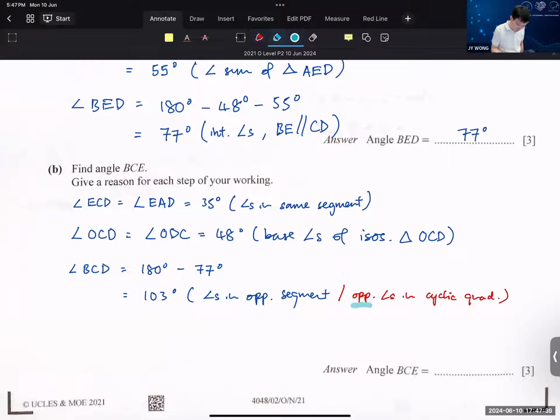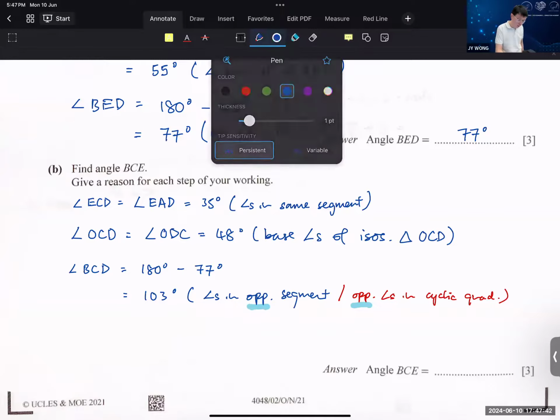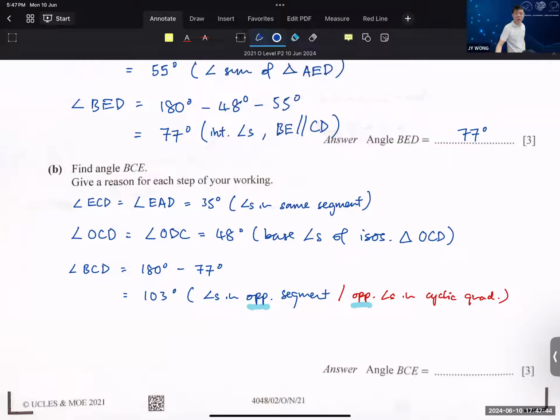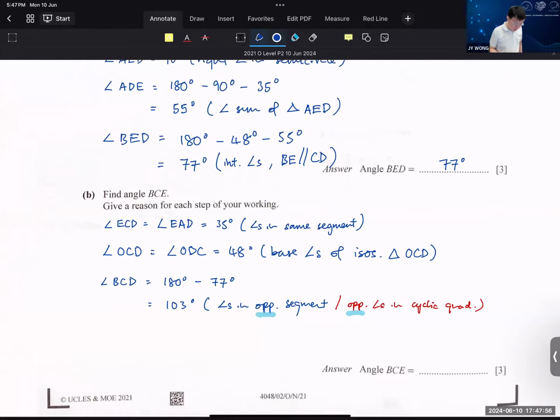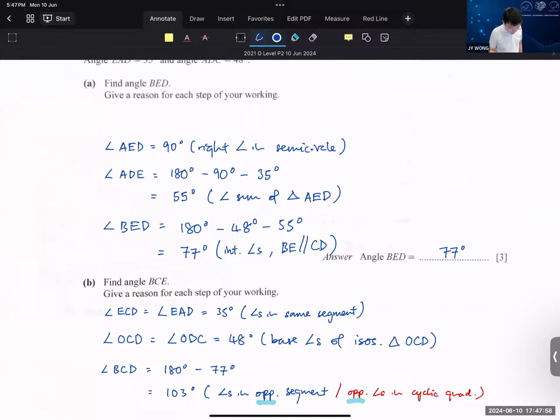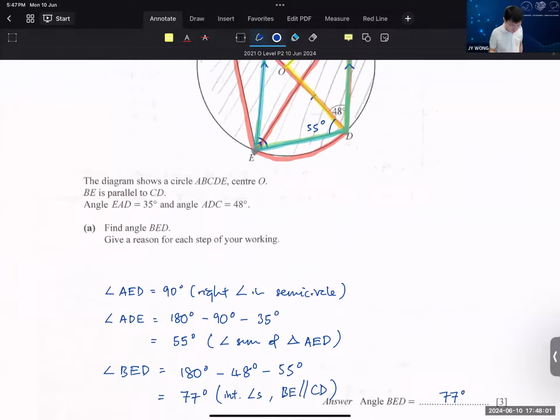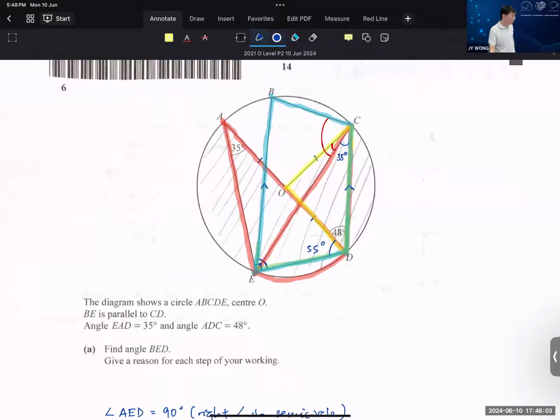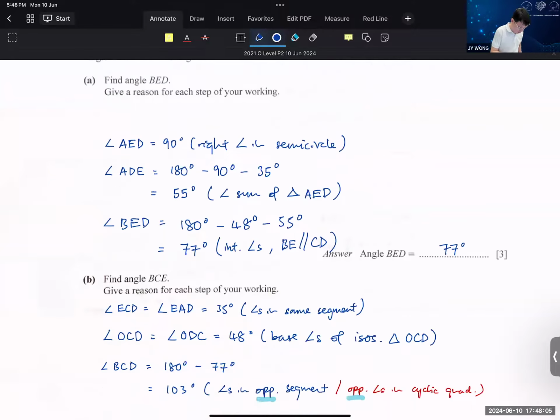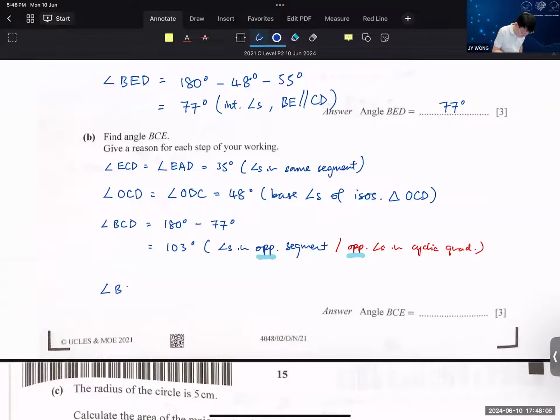But you notice that either one you must write opposite. A lot of you miss out the word opposite, you get 0. So either the blue reason or the red reason is fine. Just write one, don't write both. So you find BCD is 103, you should be able to find BCE now because it's just 103 minus 35. This one doesn't need a reason.